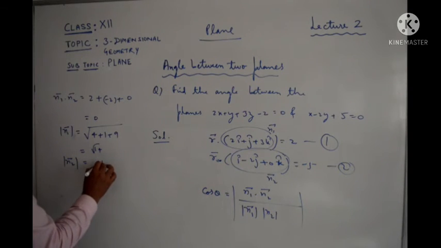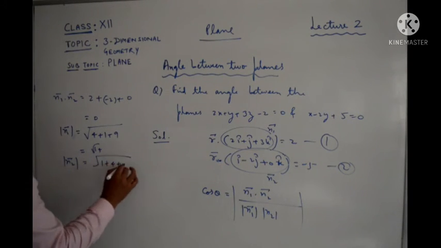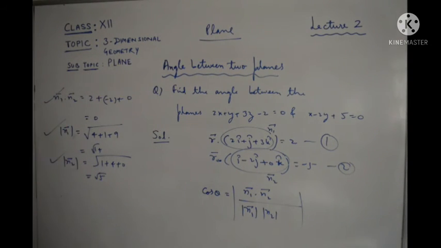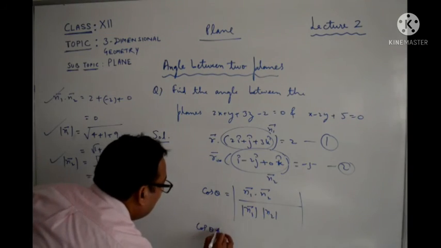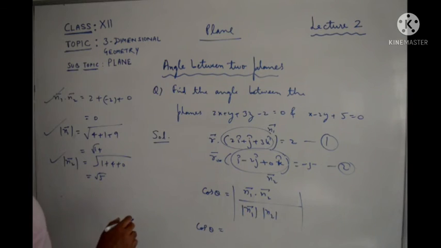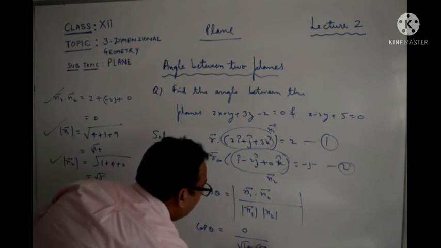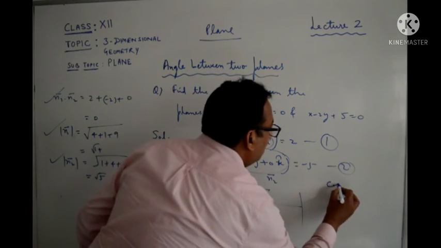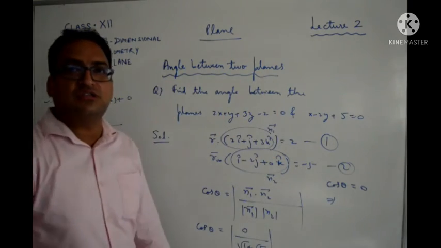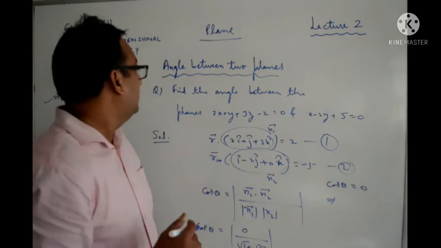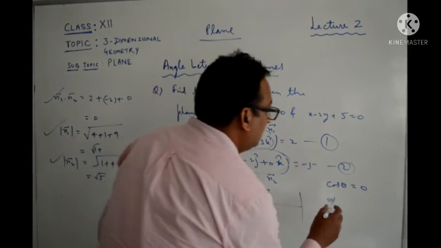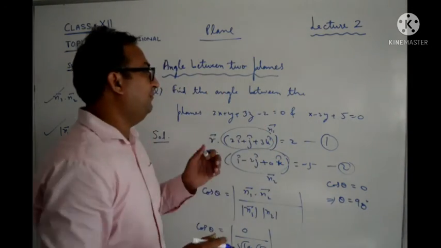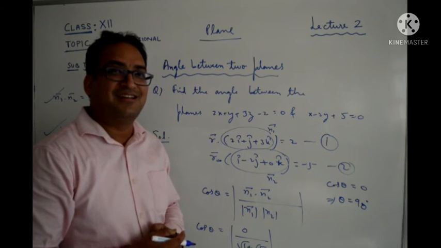It is the square root of 1 plus 4 plus 0, that is square root 5. Putting in the values, cos theta is equal to the absolute value of 0 upon square root 14 times square root 5. But 0 upon any non-zero quantity is 0. So cos theta is 0, which implies theta is 90 degrees, since cos is 0 at 90 degrees. So these two planes turned out to be perpendicular to each other.